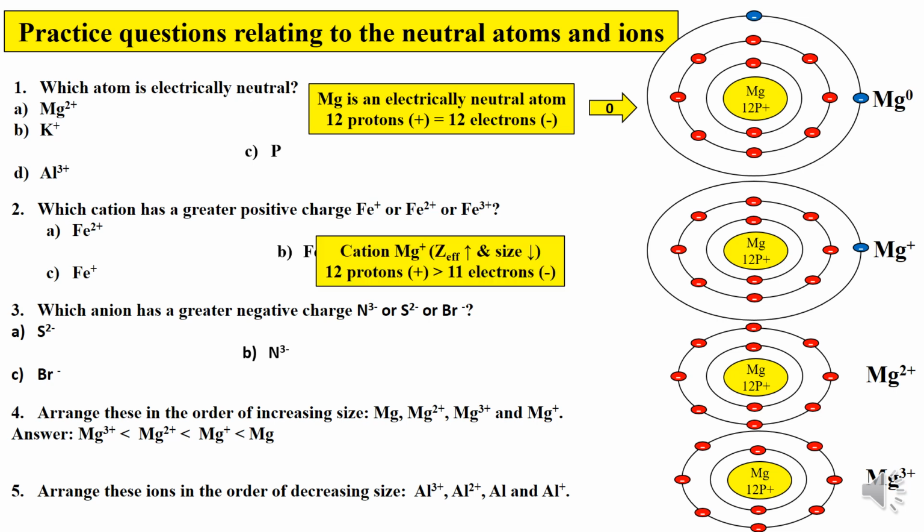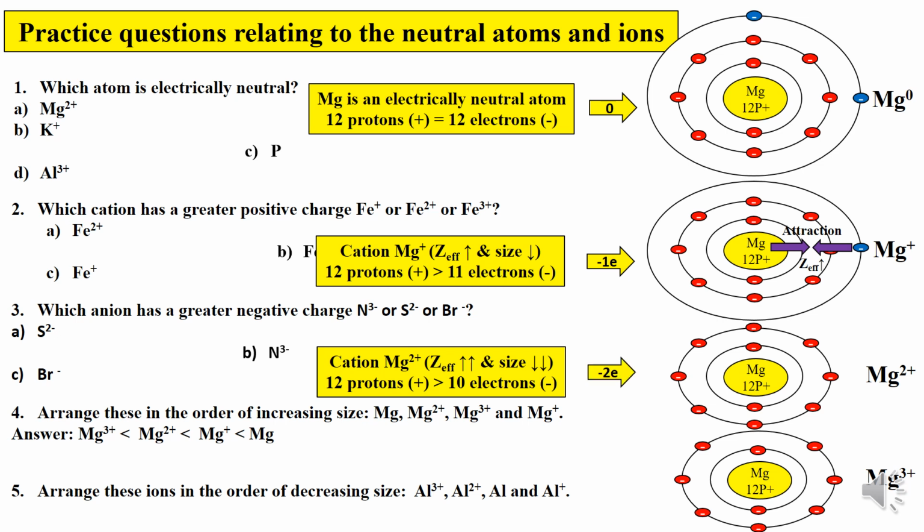Now after losing its first valence electron, after it has undergone the first ionization, Mg plus, a cation, is generated. After the generation of Mg plus, the effective nuclear charge increases, which is the attraction between the protons in the nucleus and the valence electrons in the outermost shell, and thereby because of the attraction, the size of the cation shrinks.